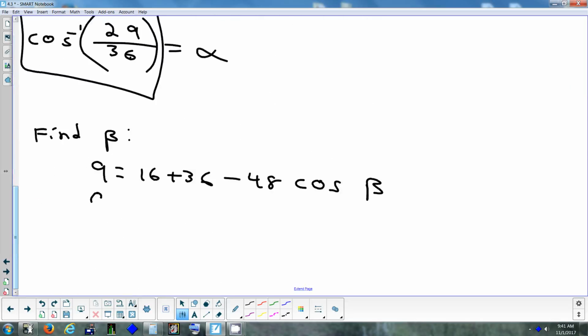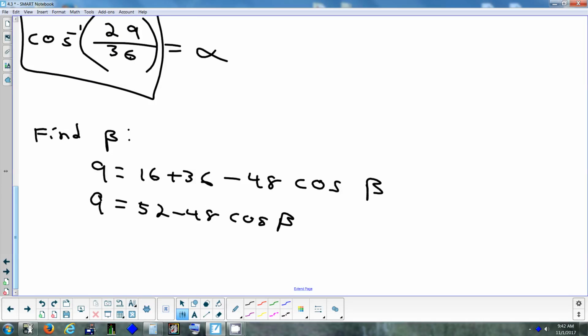All right, so I'll add 16 and 36. Connor, what's that going to give me when I add those up? 52. And Faith, can I do 52 minus 48? No, what do I have to do with the 52?